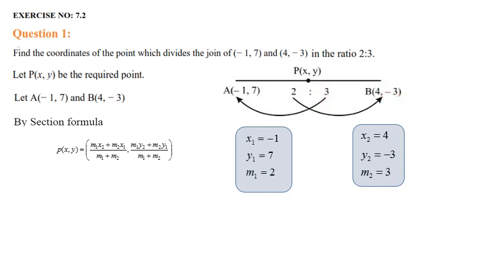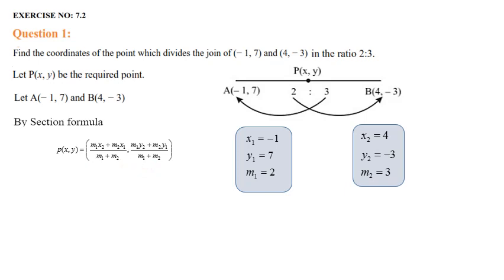Now it's quite simple, just substitute it. Once again, before substituting, write x1, y1, m1, x2, y2, m2. So x1, y1 we can write from the A point, (-1, 7). So x1 is -1, y1 is 7, m1 is the first ratio, that is 2. And x2 you have to go to the other endpoint, x2 is 4, y2 is -3, and m2 is the balance of the ratio, that is 3.